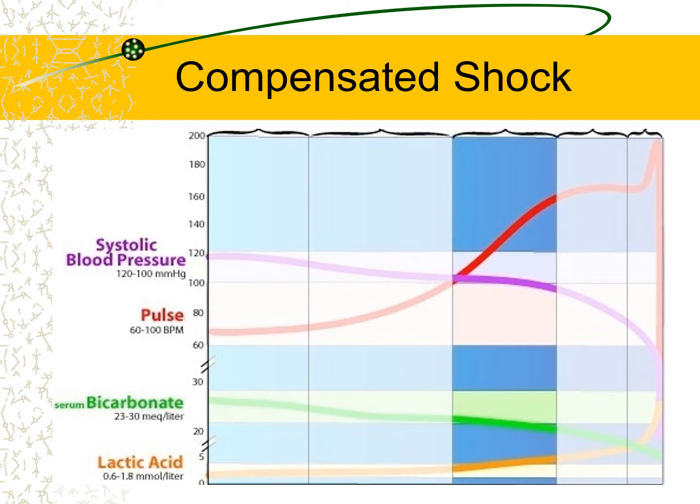We can monitor that as well. When any patient's blood pressure falls, the natural response is for the pulse to compensate by beating faster. So we see a rise in the pulse as the blood pressure falls. Follow the red line there. You'll see as the purple line goes down, the red line goes up.